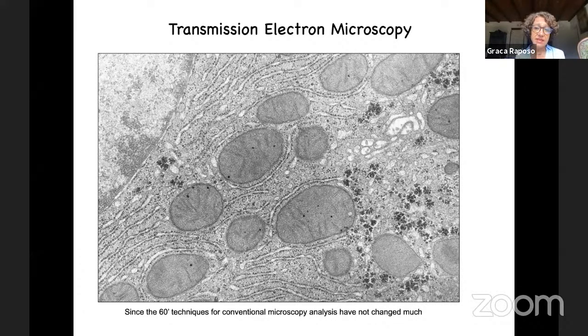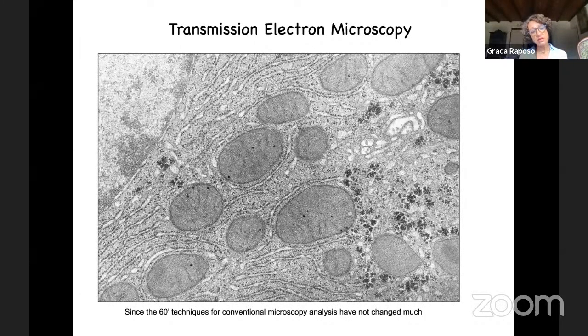And to tell you, basically the techniques haven't changed much since the beginning, and we are still using the same fixatives and the same contrasting agents. I'd like just to make a note about the agents that we use to contrast the samples, for example, uranyl acetate, osmium tetroxide.